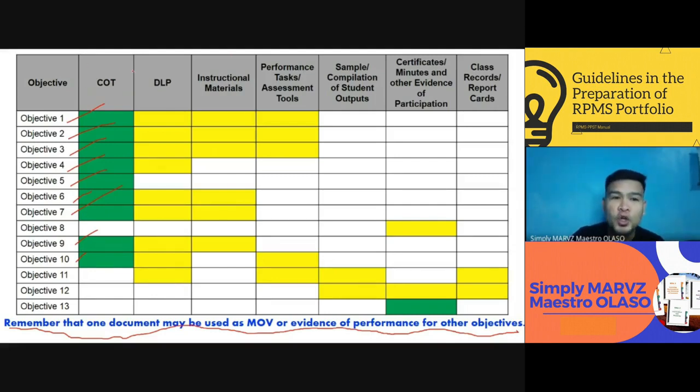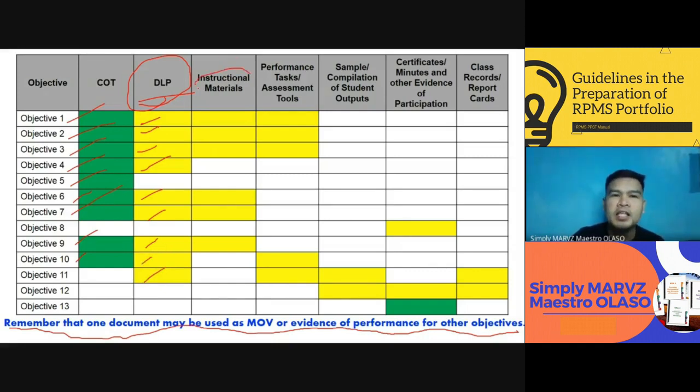And another document na i-attach mo, DLP. Yung DLP na yan ay pwede nang ilagay or i-refer mo lang na yan ay gagamitin mo sa objective 1, 2, 3, 4, 6, 7, 9, 10, 11. Ayan, hindi kailangan i-photocopy.